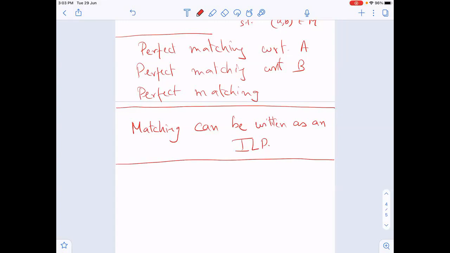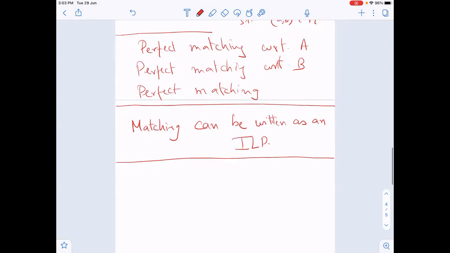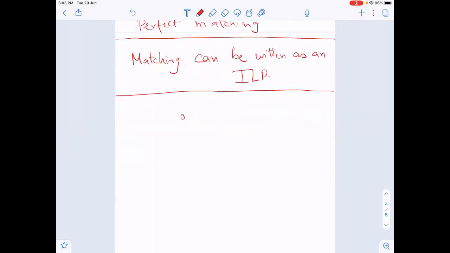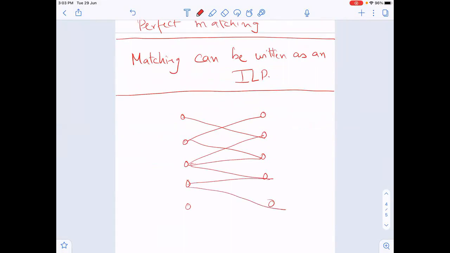So you're fine with this till now. We have this matching, and if I convert it into a network flow, this is what we can do. Say I have this matching, this is the A side, this is the B side, and I want to find the maximum matching.